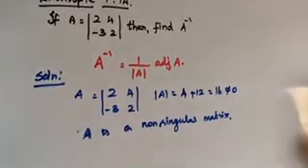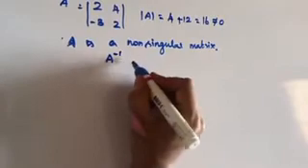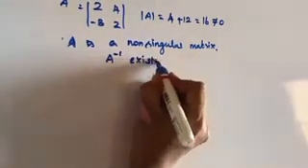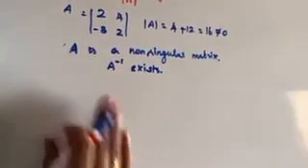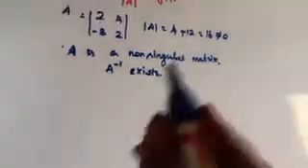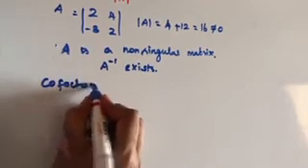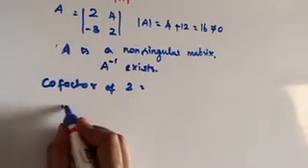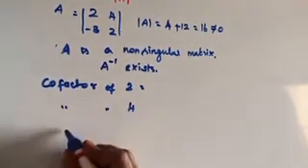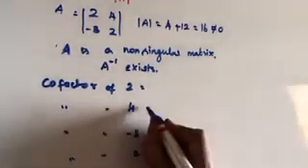A is a non-singular matrix, so A inverse exists. Now we have to find the adjoint of the matrix A. For that we have to calculate the cofactor matrix. So cofactor of the first term 2, then cofactor of 4, similarly cofactor of minus 3 and cofactor of again 2.